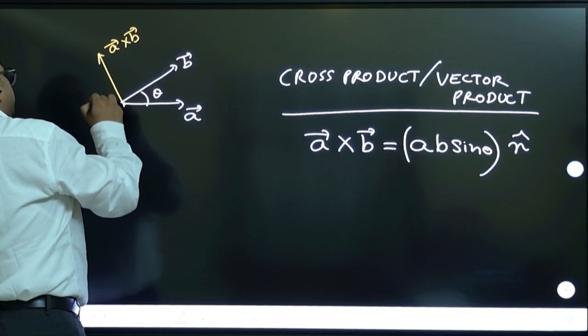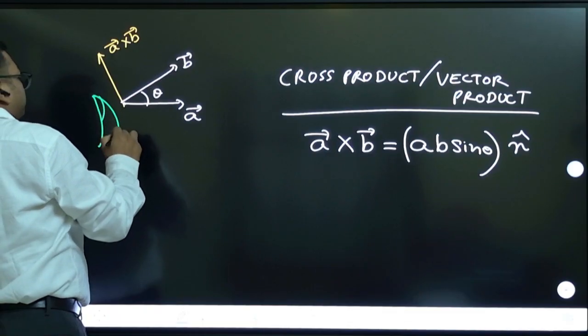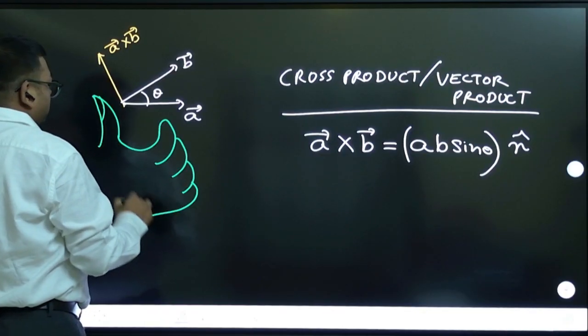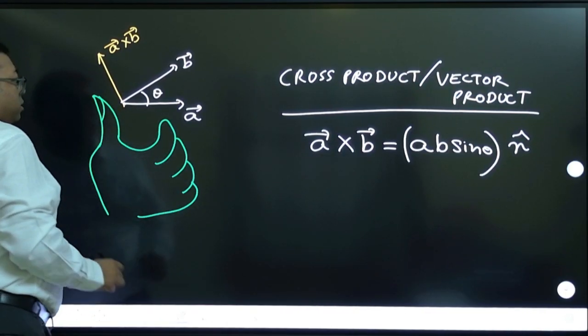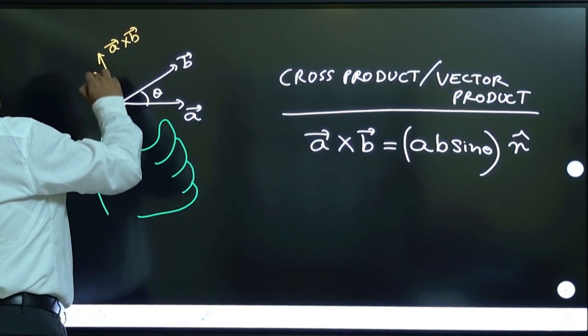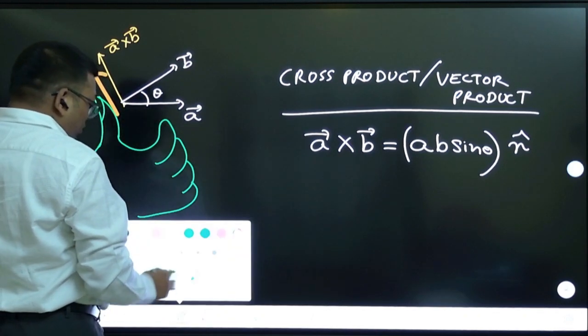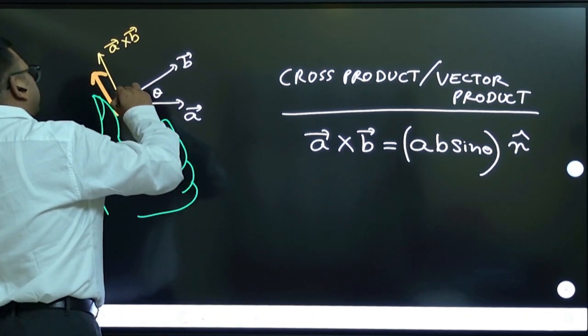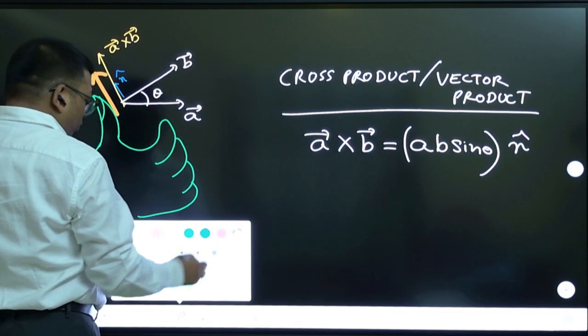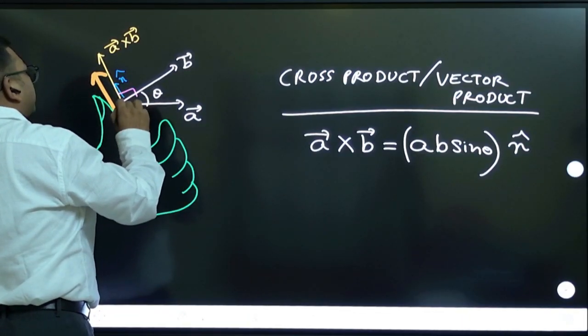You can try to draw a rough diagram. Your fingers will be like this way. So this direction of thumb represents the direction of A cross B, or that is the direction of n cap.